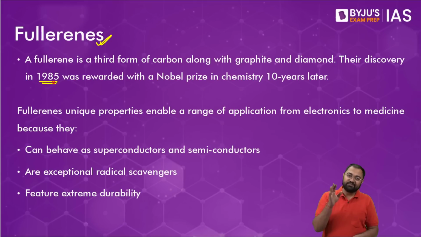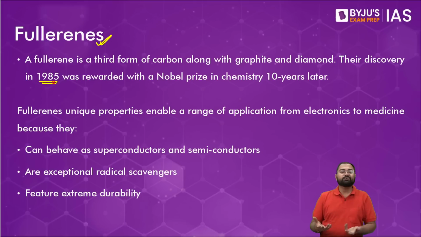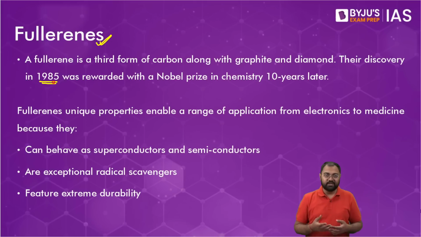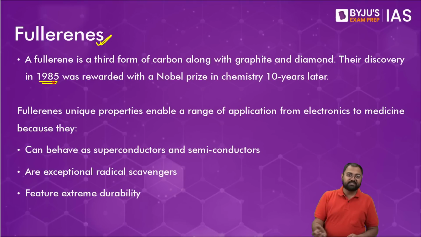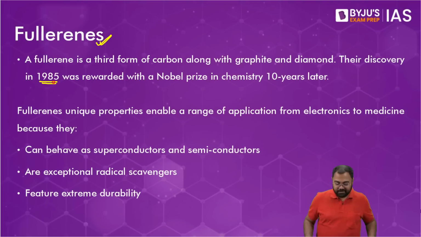So you'll see that every second, third year, at least one Nobel Prize goes to nanotechnology, because it's such a new science that there are so many things to discover, and a lot of discoveries and new inventions keep happening, and people keep getting all these Nobel Prizes. It sounds easier than it actually is, but this is basically the case right now with nanotechnology.